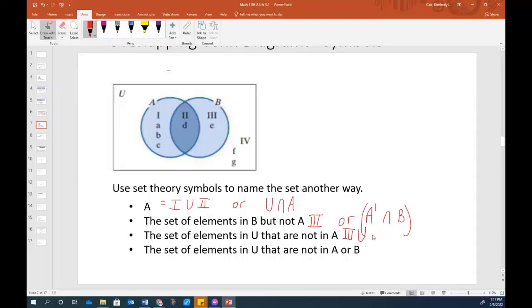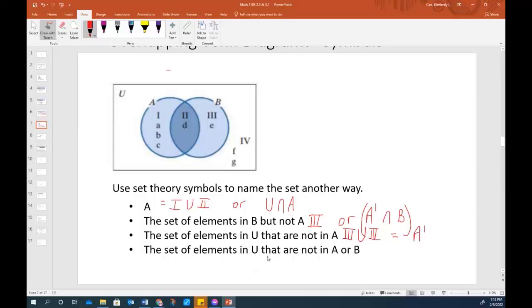I need 3 unioned with 4, but there's probably another way to say it that refers to the original sets. I do want this and I do want that. I just don't want A, so I want A's complement. A's complement is just what is not in A.